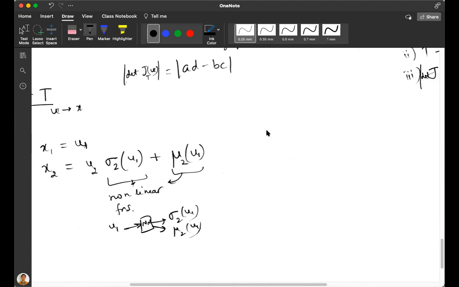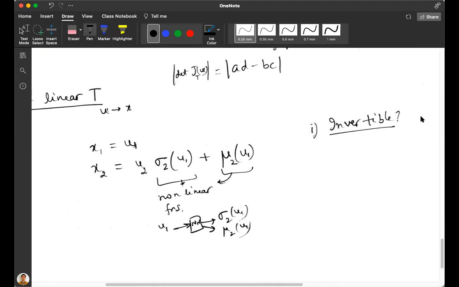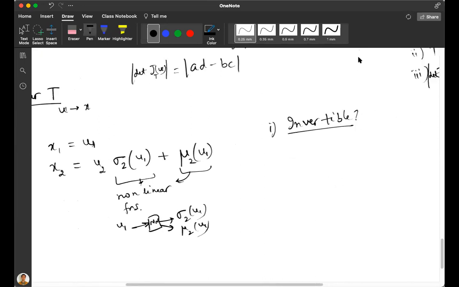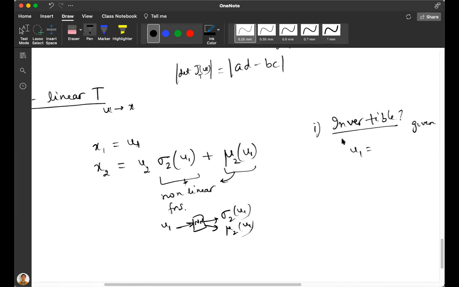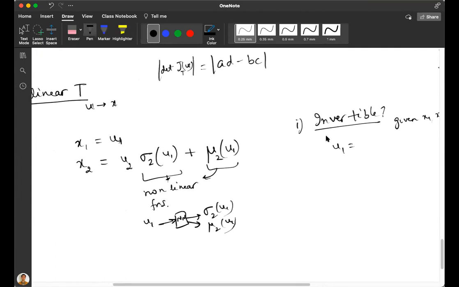Number one, invertibility. Is it invertible? Let's compute. Given X1, X2, can you compute U1, U2? What is U1? Simply X1, because from here, very easy.